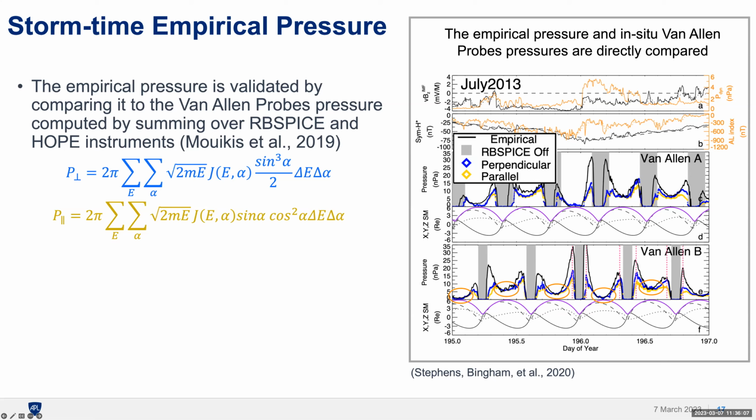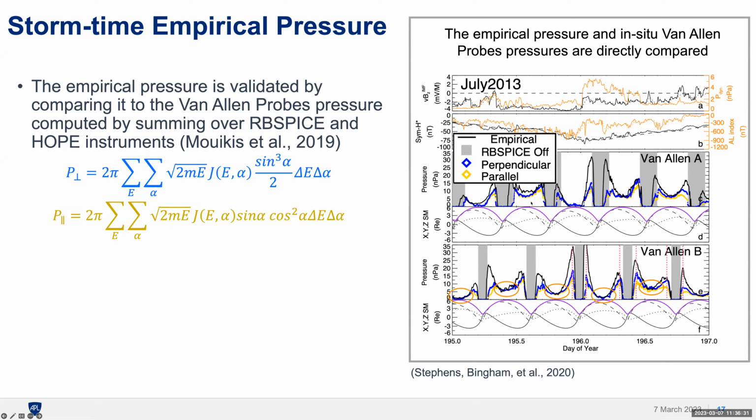And from that, we can reconstruct what the observed total pressure was by Van Allen probes. That's what I'm now showing here for this July 2013 moderate storm. There are two different types of pressures computed this way, the perpendicular and parallel pressures.